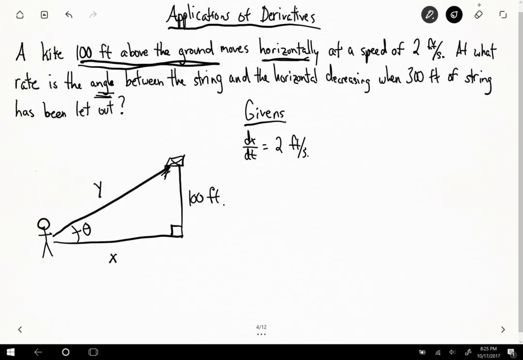So what we're going to plug in, not immediately, we're looking at the case when we have 300 feet of string. Or another way, easier way to say that is y equals 300 feet.